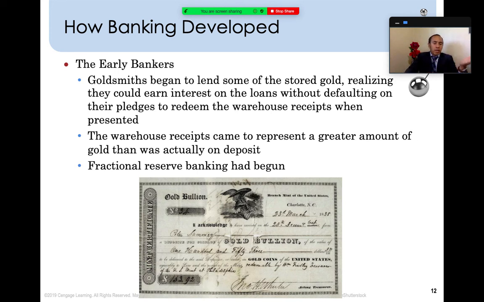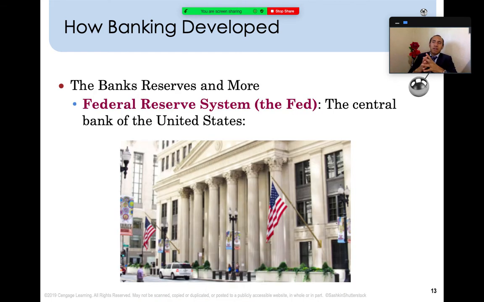There were several bankers that came together and actually created the banking system in the United States: Wells Fargo, Morgan Stanley, Chase, Goldman Sachs, and so on. The early bankers created the financial institution system that we have today.